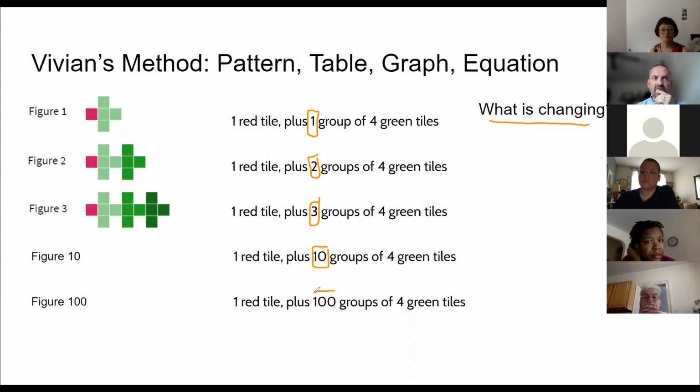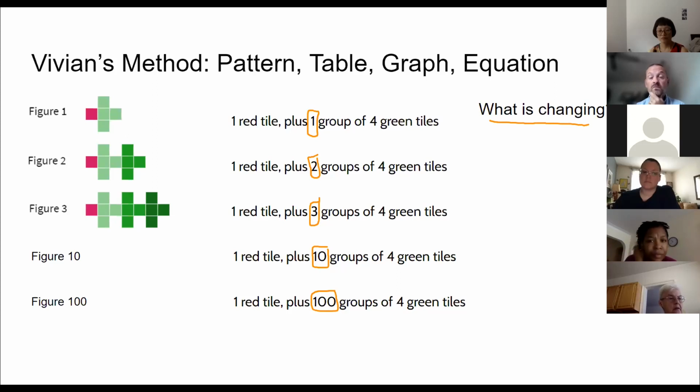So could Cornelia help us see that? Is there anything else that you see that's changing when you think about this whole situation? I see one other thing that's changing. Can I say something? Sure, Malia, go ahead. I see that every group has four extra more.